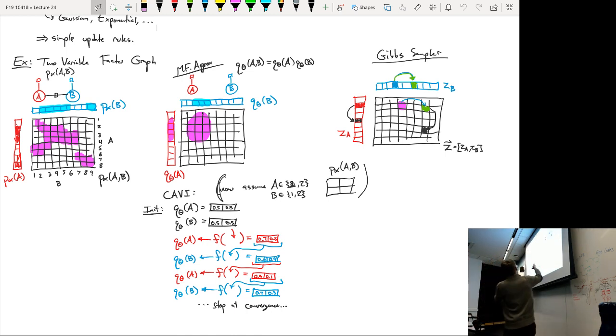And so the Gibbs sampler is just kind of walking around in the space, using these point estimates and giving us back a sample at every iteration. Whereas mean field is actually updating these mini distributions over the actual whole variable itself.